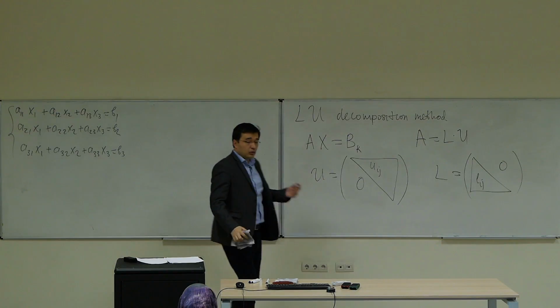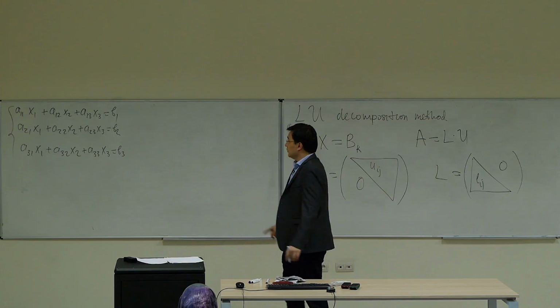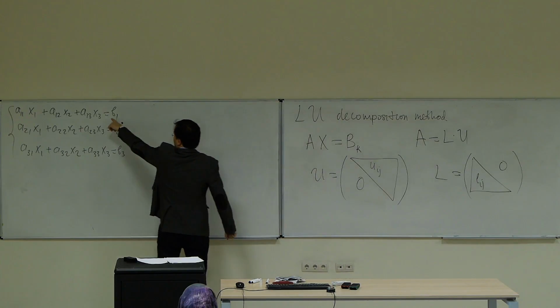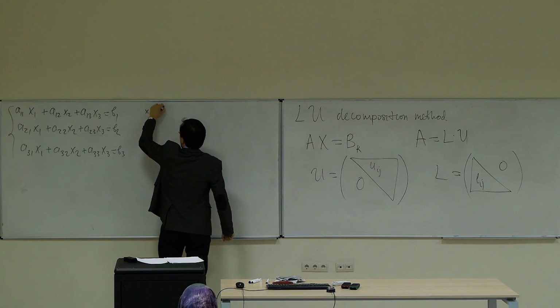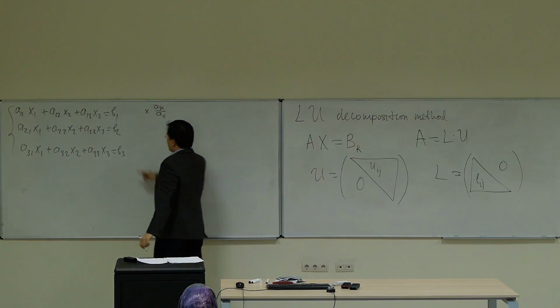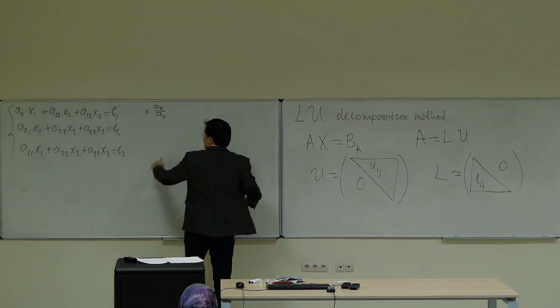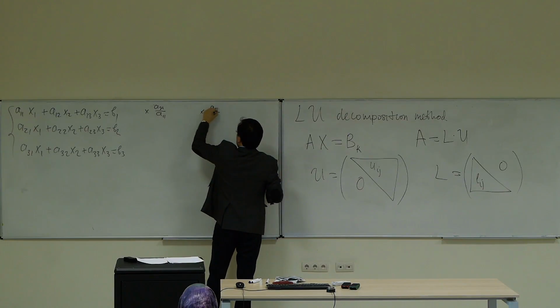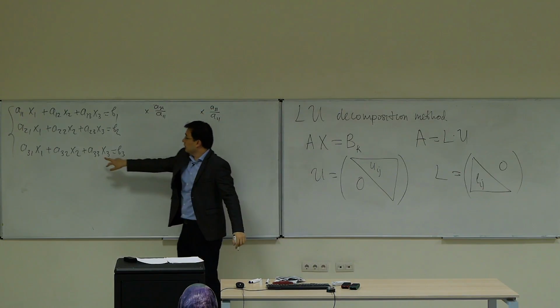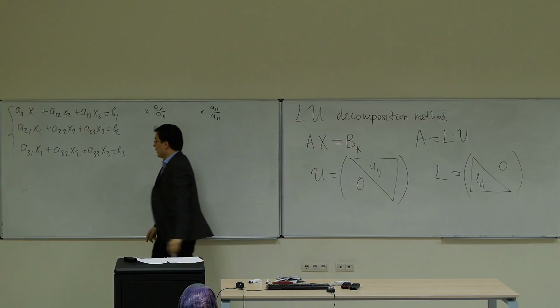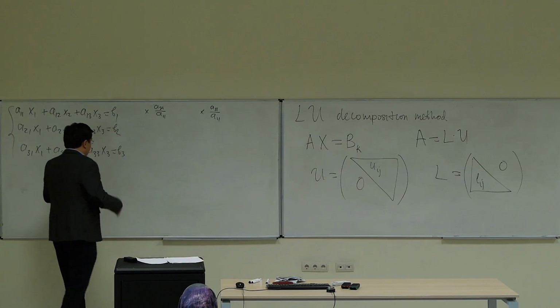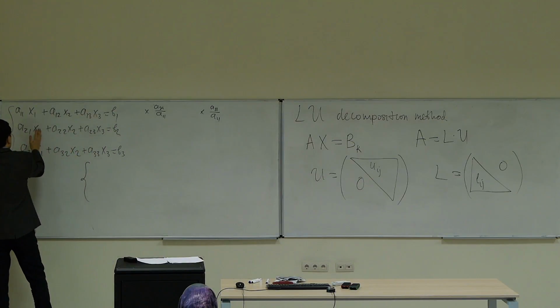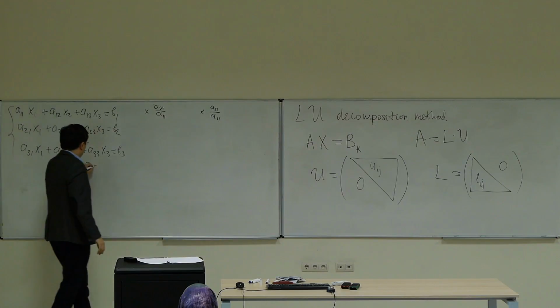So let's go quickly through the Gauss elimination method. First we multiply this equation by A21 divided by A11 and subtract from the second equation. And then you multiply the same equation by A31 divided by A11 and subtract from the third equation. And we get this new system where we eliminate unknown x1, right?